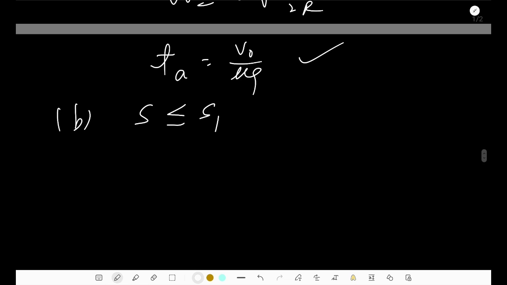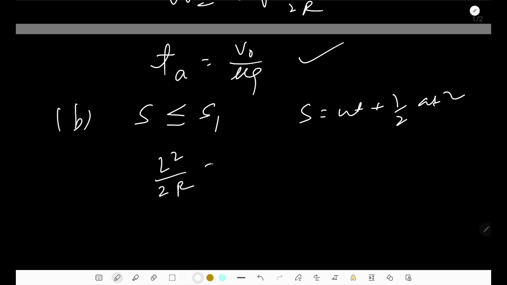So I would like to go with s equals ut plus half at square. U was there, so using s equals ut plus half at square, a is minus mu g, and I simply write that s, L square upon 2r, equals v naught t minus mu g by 2 into t square.